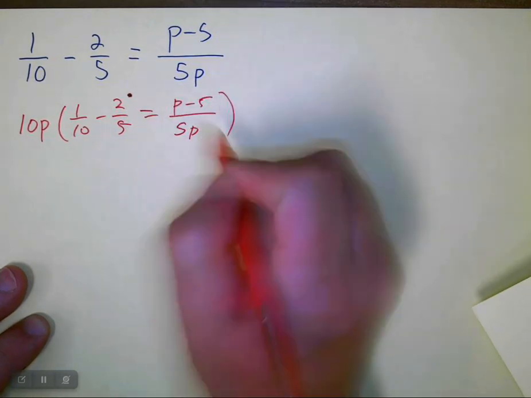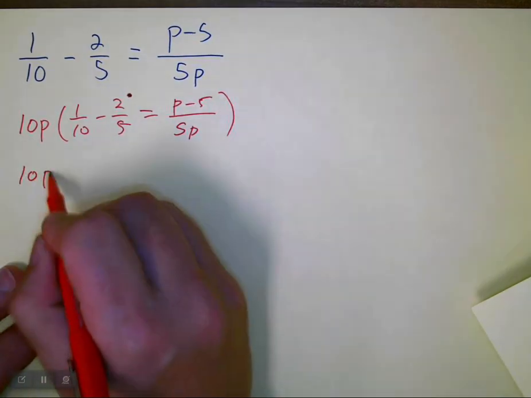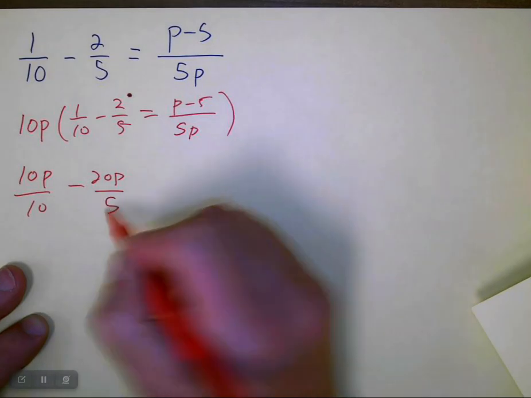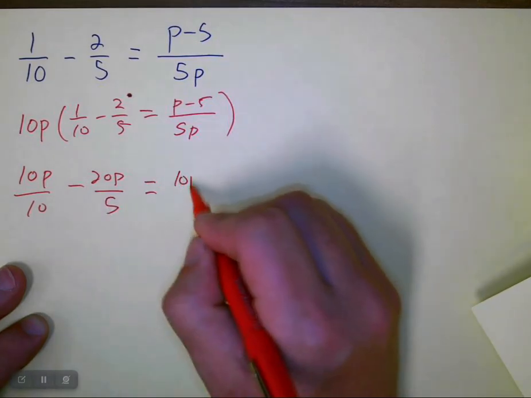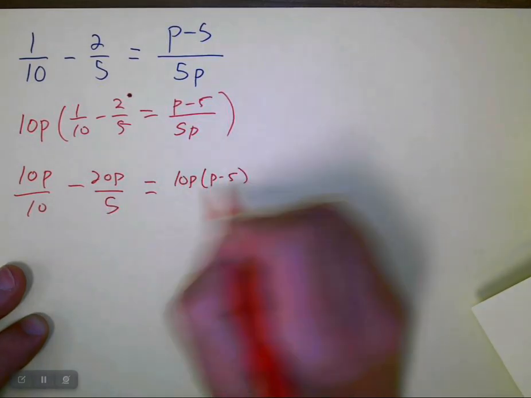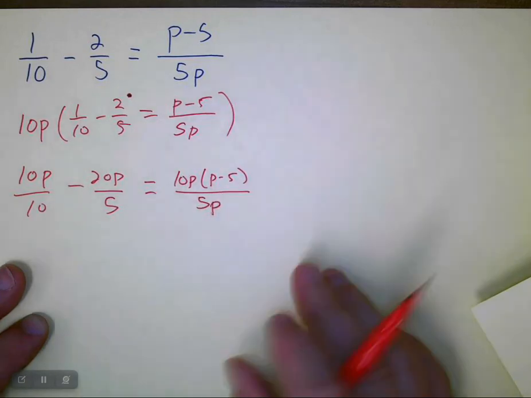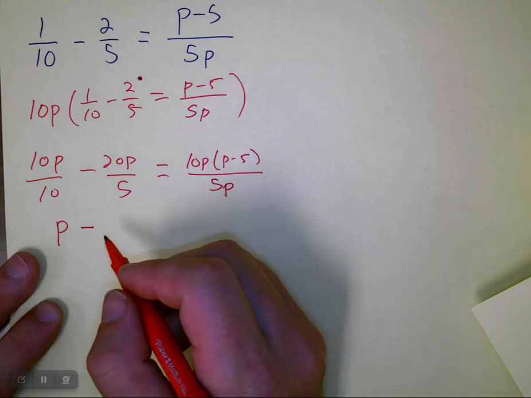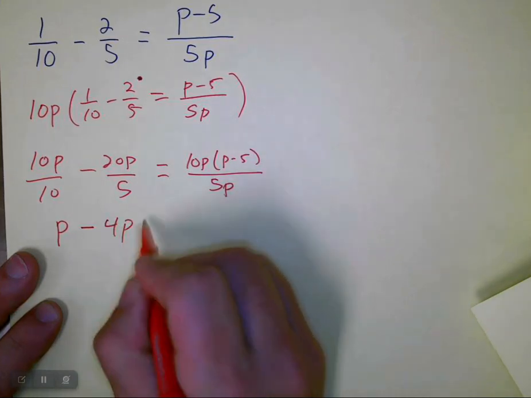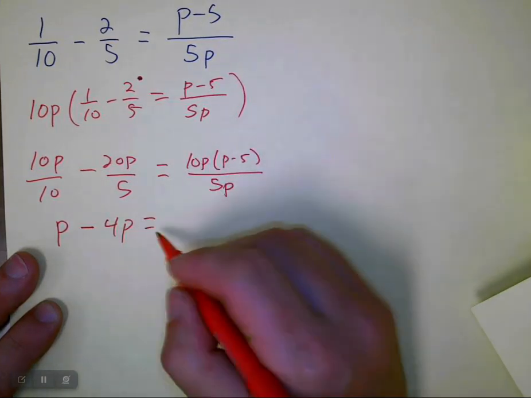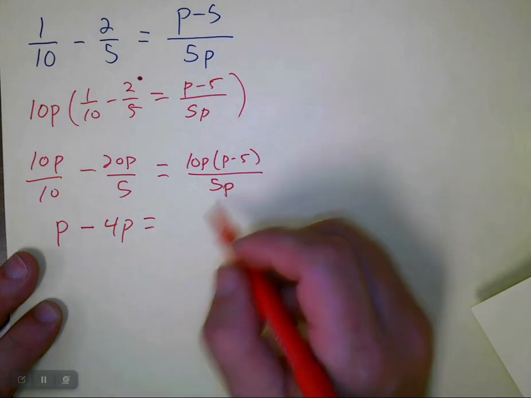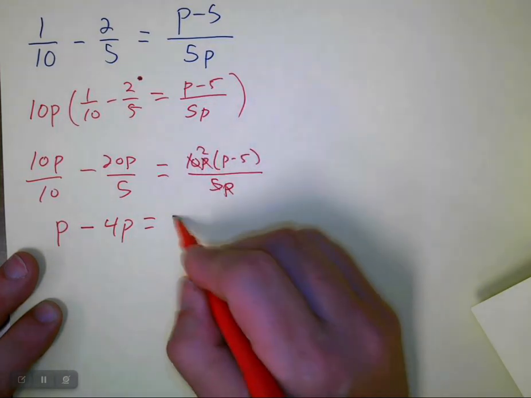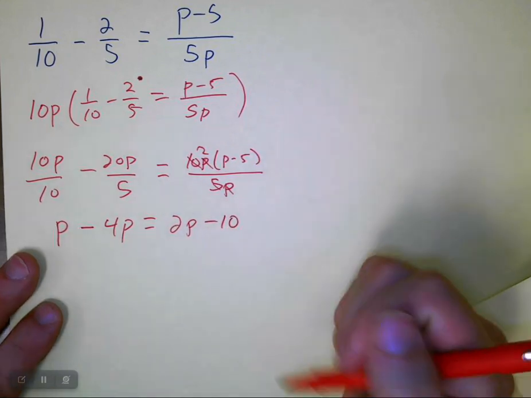If you distribute that through, I'll show this one time: 10p over 10 minus 20p over 5 equals 10p over p minus 5 all over 5p. And you can see why this works. Now you've got p minus 4p equals, and that goes away, 2p minus 10, because I distributed the 2.